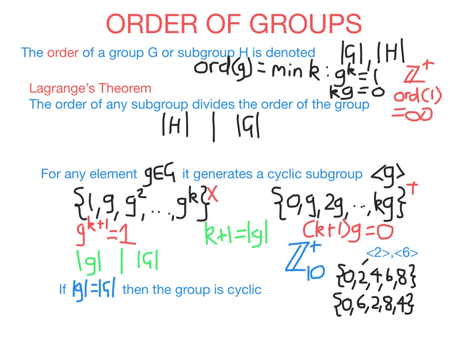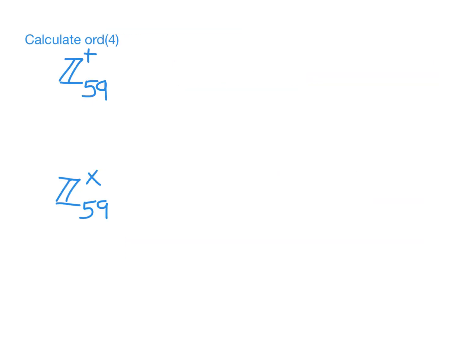All right, let's now look at an example in which we calculate order. So we're going to calculate the order of the element 4, firstly in the group of integers under addition, modulo 59, then in the group of non-zero elements under multiplication, modulo 59. So the order of this group here is 59.